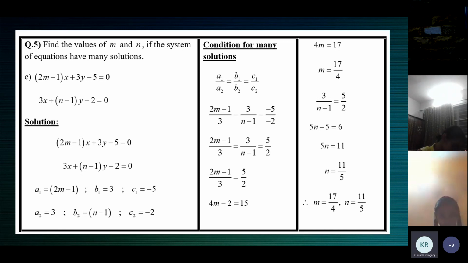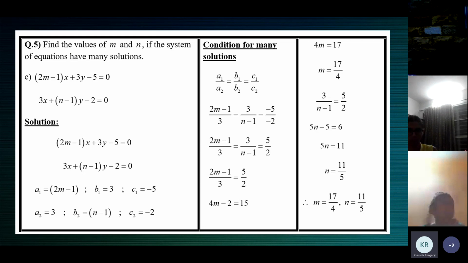So children, in the last class, the class on Sunday, and today's class, what we have understood is we'll be given a pair of equations in X and Y. The question is not to solve and find the values of X and Y. The question is to find the values of M and N, or A and B, when some condition is given to you. The condition may be unique solution, many solutions, or no solution.